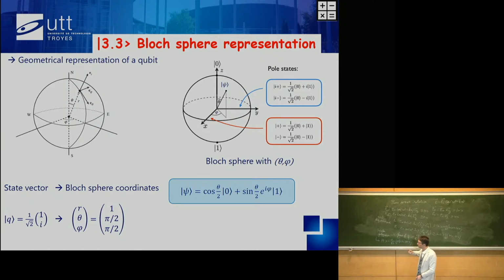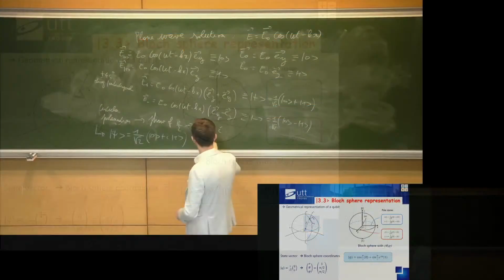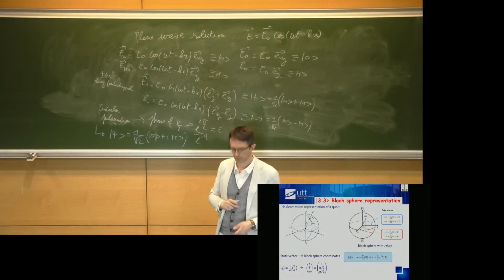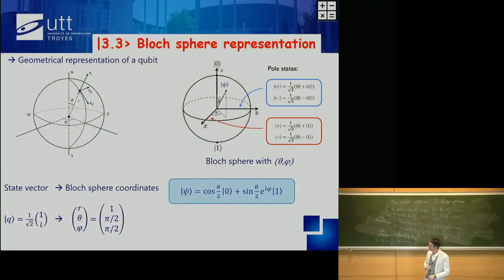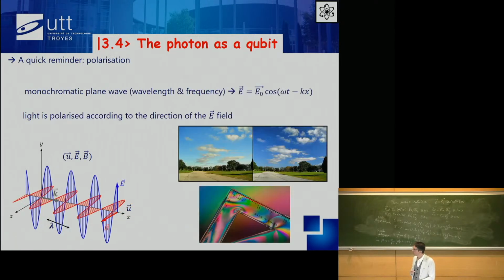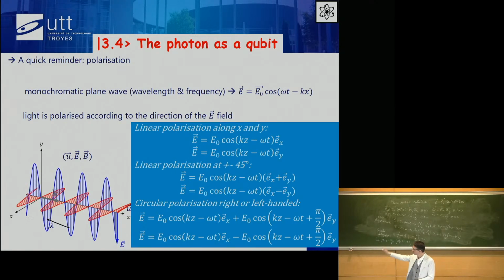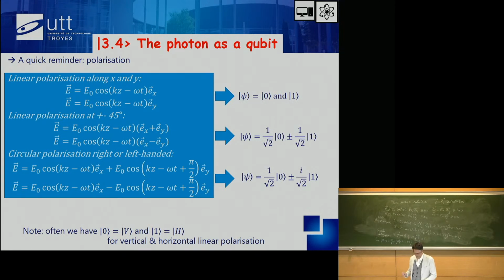And the phasing here of pi over 2 is the exponential i phi that we had earlier. So in other words, that means that we can use the polarization state of a photon as a qubit, because it's got all the properties that a qubit has.